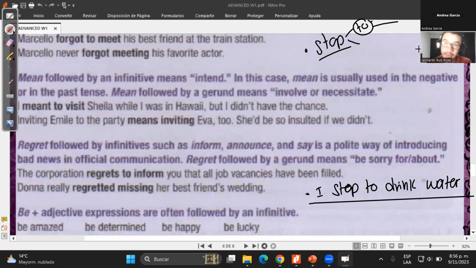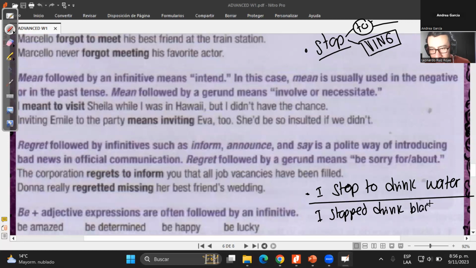Yes. But if I use stop plus the verb in ing, it means to quit, to stop that action forever. For example, I stopped drinking so much coffee. Well, drinking black coffee.